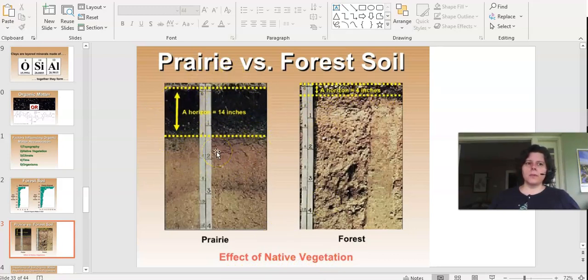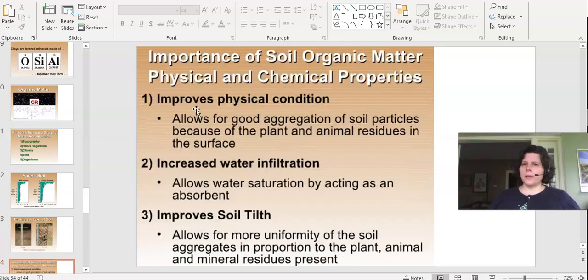The root systems of our prairie plants around here can be 6 feet or more, and these really deep root systems help to create this very thick, beautiful soil. While in forest systems, you might only get a little accumulation. So when we clear cut a forest, we may not get that much good agriculture. Here, prairies, great agriculture. Again, soil's beautiful. You guys all should take a soils class. Sorry.